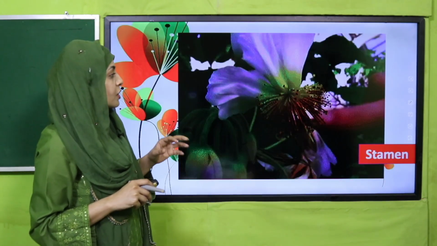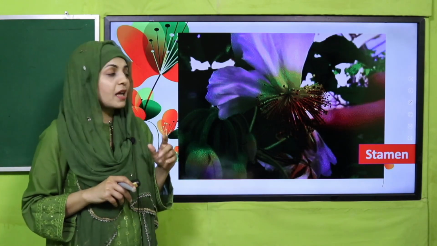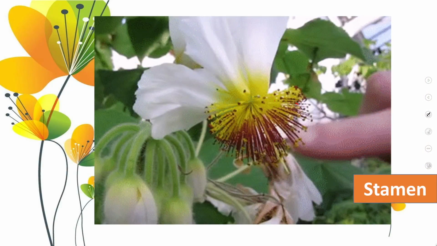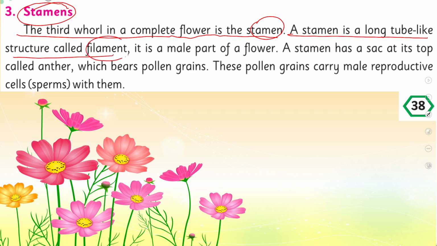So my dear students, now let's look at the stamen, which has two parts, filament and anther. So collectively these two, anther and filament, are called stamen, which is the male part of the flower. So let's read about stamens. A stamen is a long tube-like structure called filament. It is the male part of the flower. A stamen has a sac at its top called anther, which bears pollen grains.